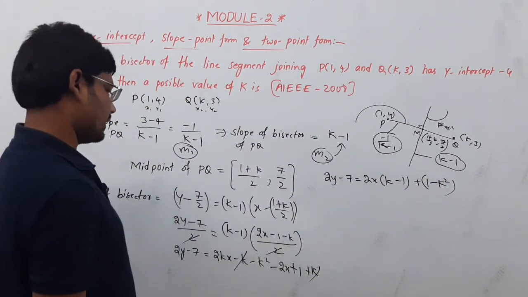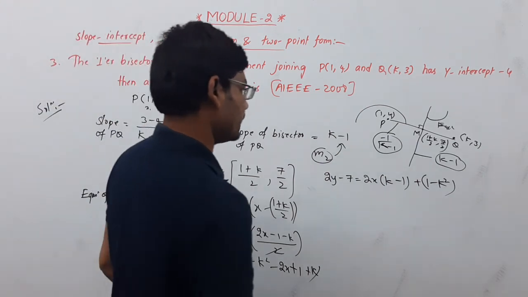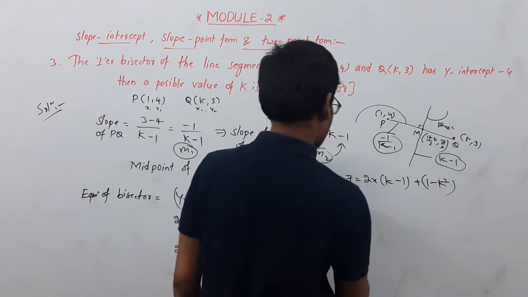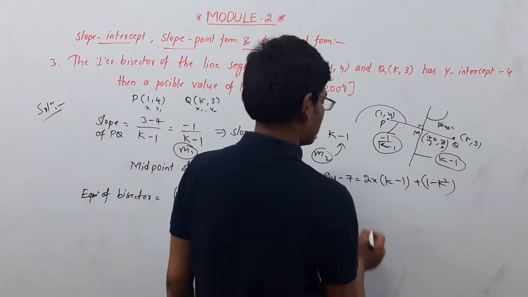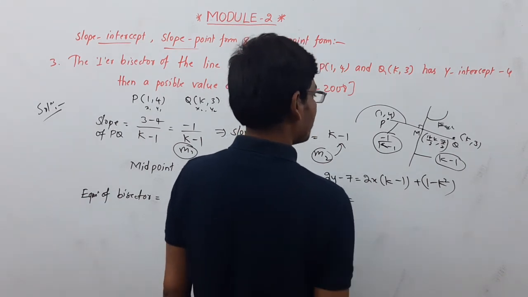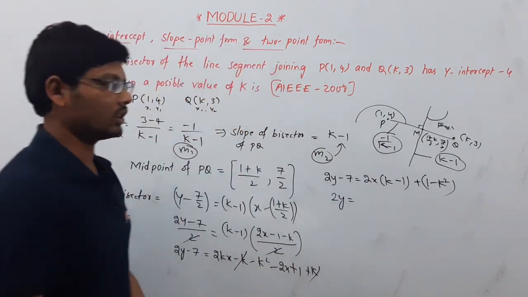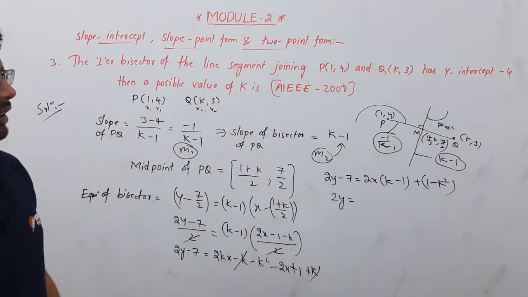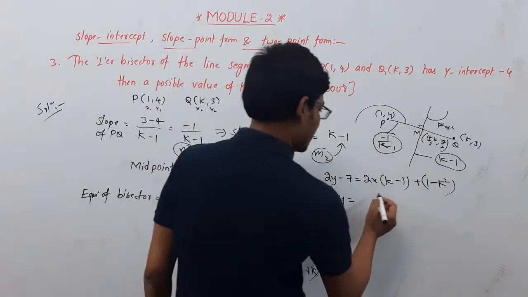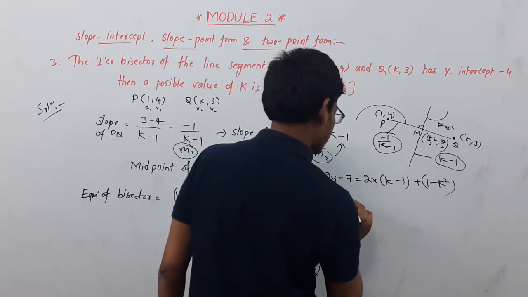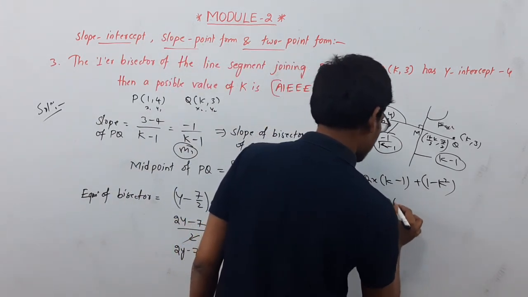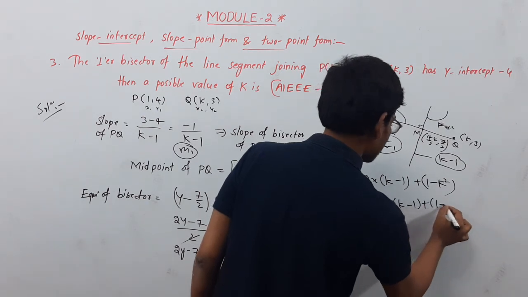So one more value here. 2y minus 7 is equal to 2x(k minus 1) plus 1 minus k square.